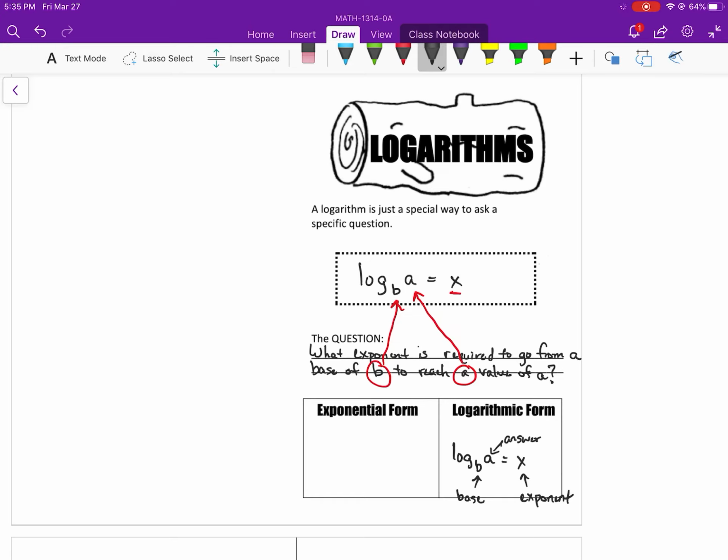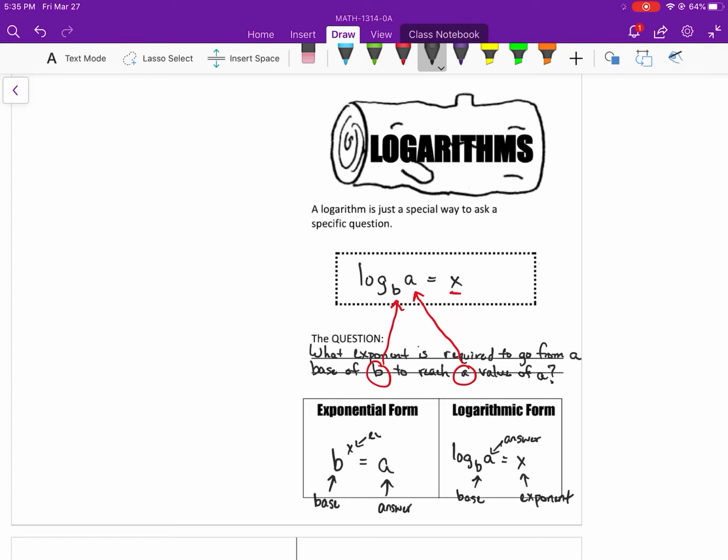Now this makes a lot more sense when we write it in exponential form, because you'll see exactly what I'm talking about here. Exponential form, base b taken to the x power equals a. So these are one and the same. They are equivalent to each other. They just look a little bit different. Again, we're going to label this as well. The b still stands for the same thing, base.